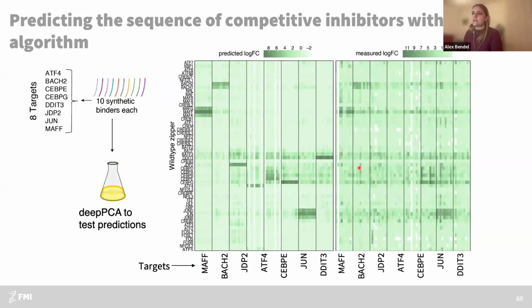And we ran a screen to test these, and our measured enrichment scores look really similar to the predicted ones, which is very promising as well. And interestingly here, our predicted binders are quite distant from our BZIPs. So they are outside of the sampled sequence space, and still the network performs well.